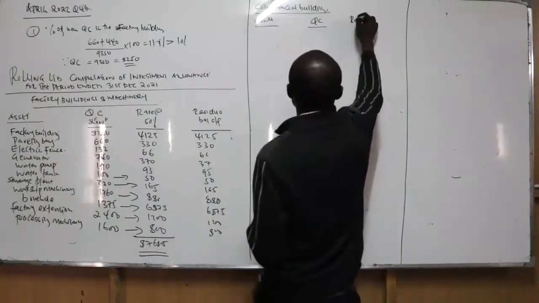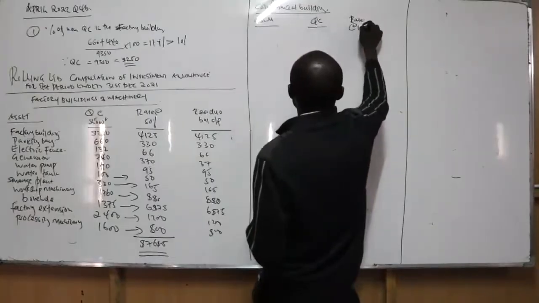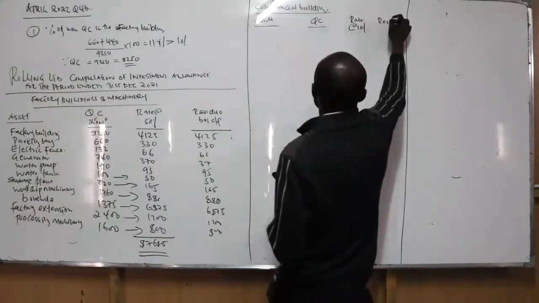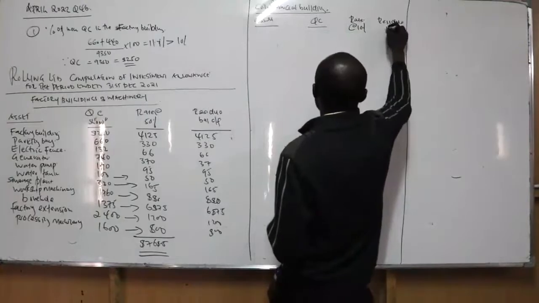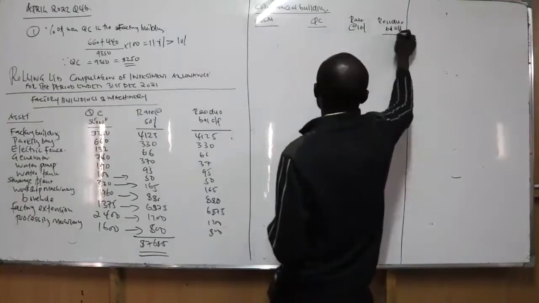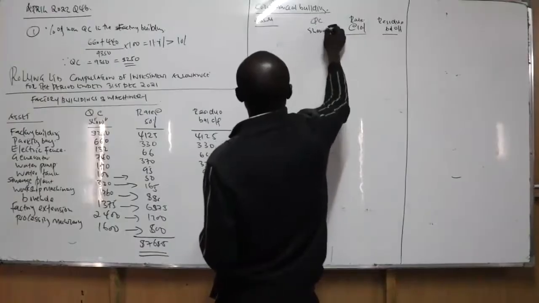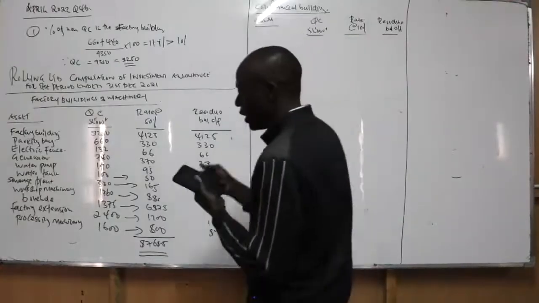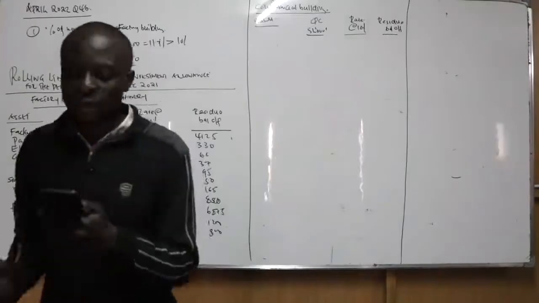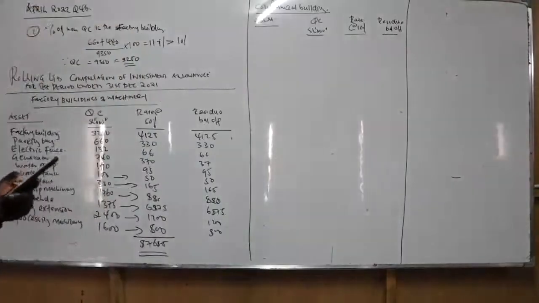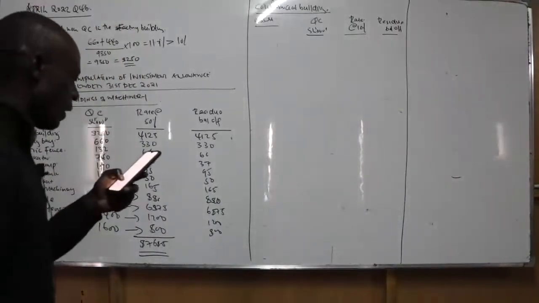Here we have the rate at 10%. And then here we have the residue, balance carried forward. So these are shillings and thousand. Make sure that you indicate shillings and thousand. So we're going to identify those assets that qualify as commercial buildings from the information that we have.